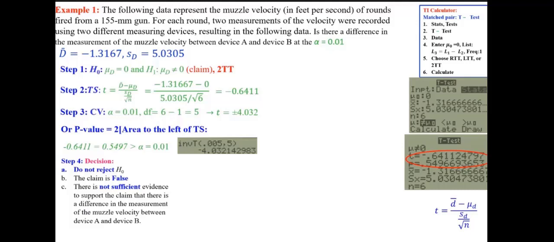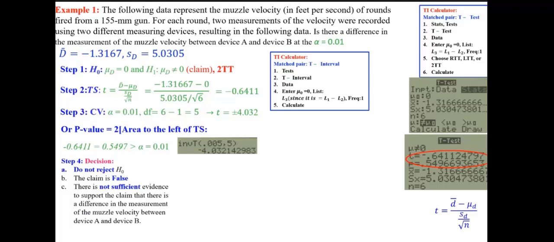You can also do a confidence interval because alpha is 0.01 and this was a two-tailed test, so a 99% confidence interval. It can be done by hand: d bar plus or minus E, where E is t times s over square root of n.